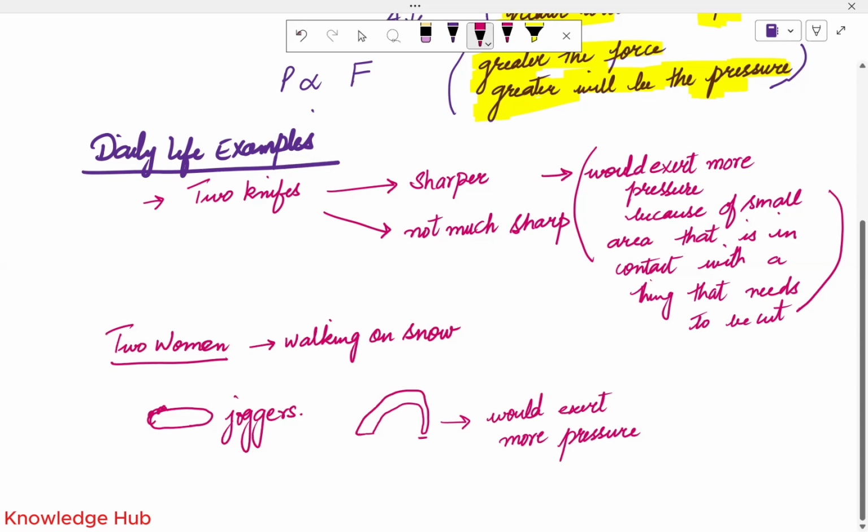So smaller area would exert more pressure, because of the smaller area in contact with the surface.